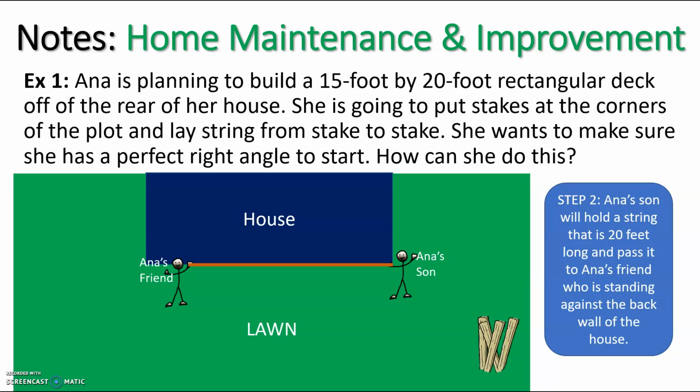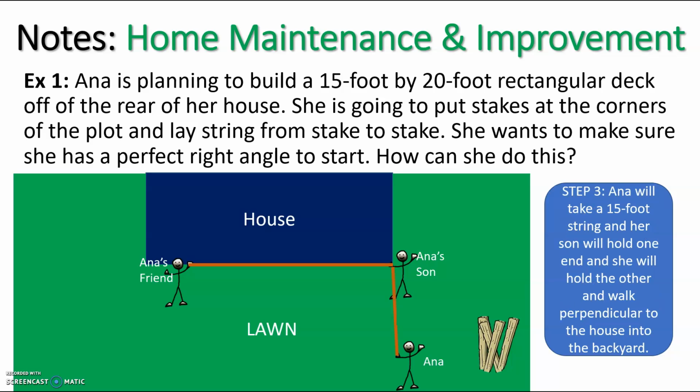They will hold this string tight against the wall. Anna will then take a 15-foot string, and her son will hold one end and she will hold the other end and walk perpendicular to the house into the backyard.